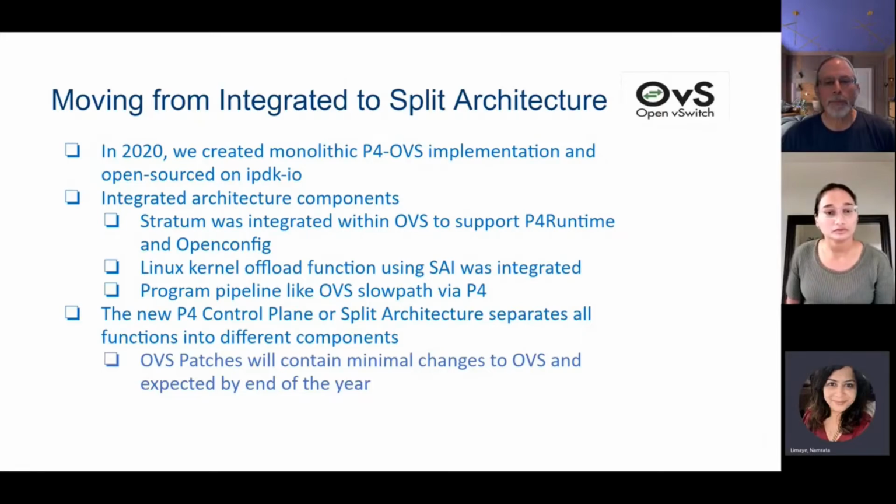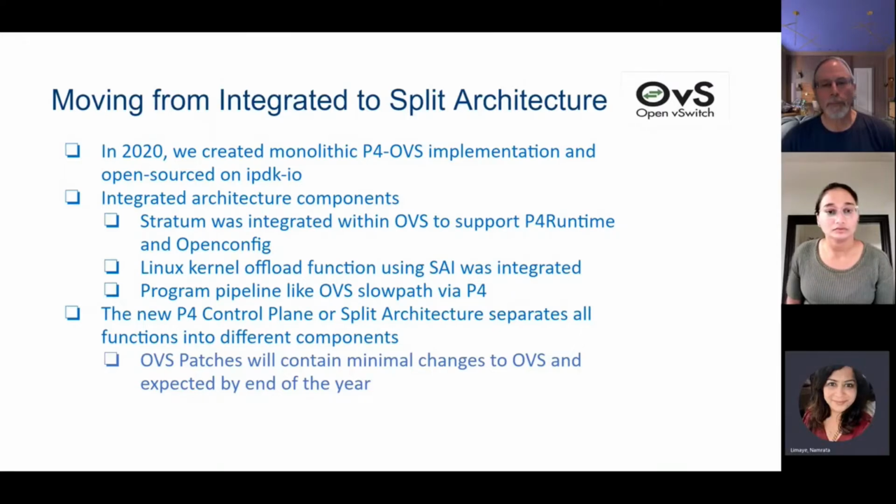What we integrated in this layer was Stratum, which is also open source and supports P4 Runtime and OpenConfig implementations. We brought that into OVS as a part of P4 Proto. We also included Linux kernel offload functions using SAI, integrated as a part of the kernel monitor within P4 Proto in OVS.